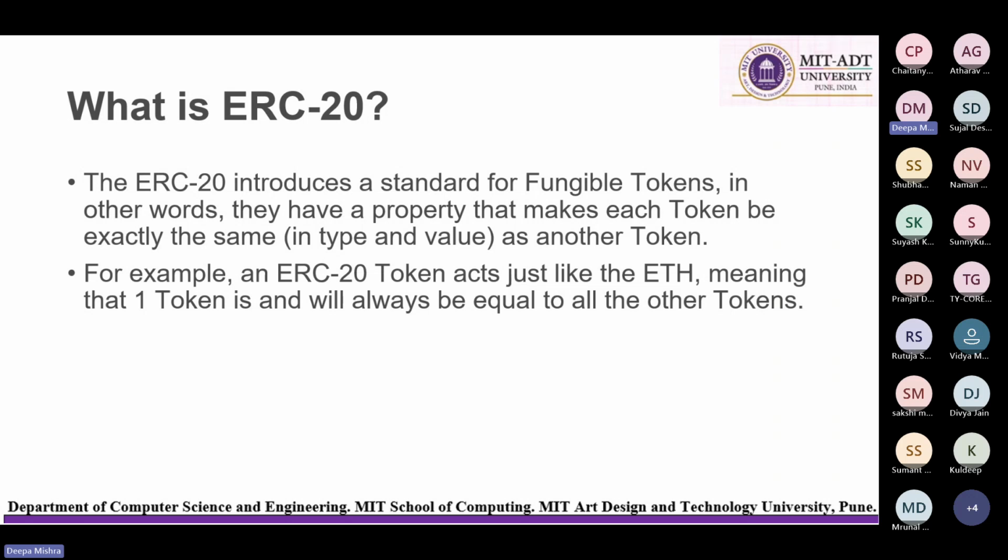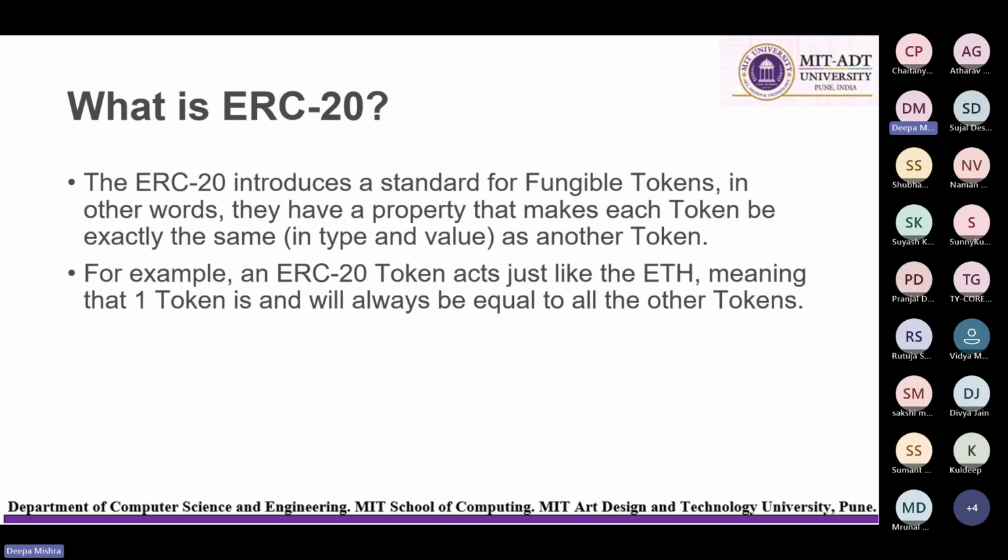So an NFT is basically a type of token which you cannot break down into smaller portions and send to different accounts. Whereas ERC20 is a fungible token, which means you can break down the ERC20 token into smaller denominations and send it in portions to different accounts.